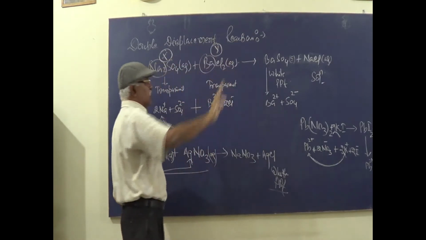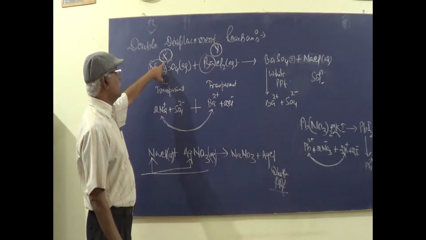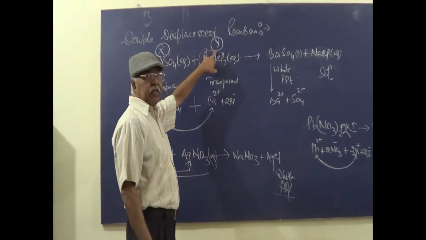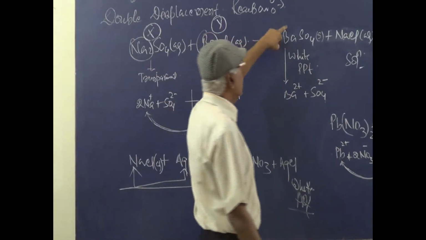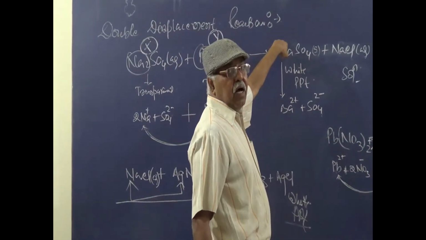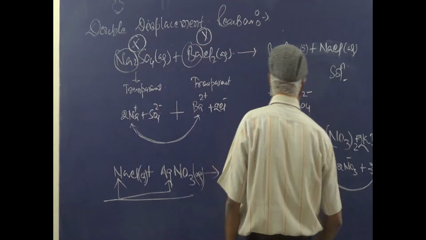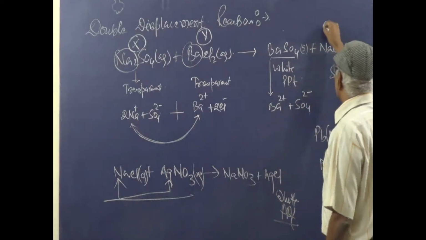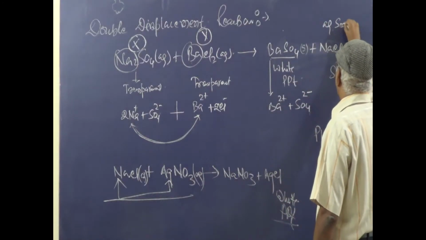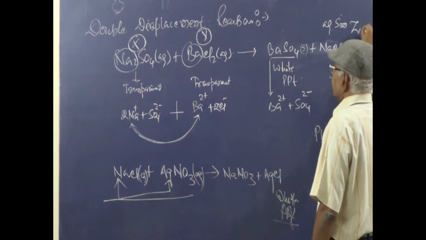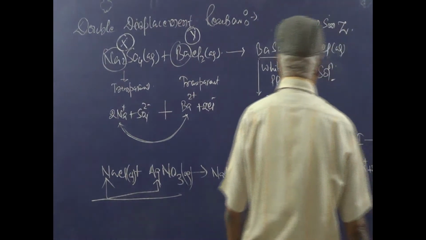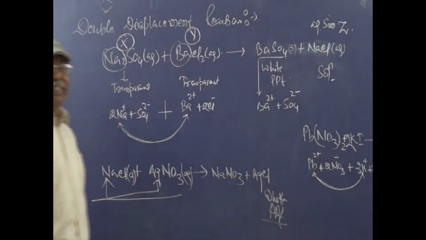It is a totally indirect question: compound X reacts with compound Y and gives barium sulfate and a solution of Z. Write the chemical reaction.